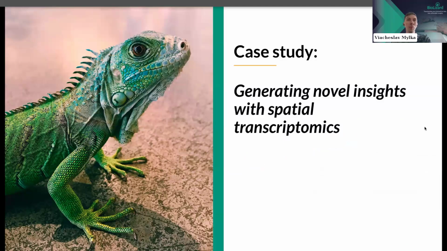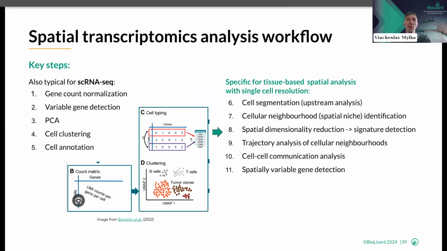I will give you an example of a data analysis workflow focusing on a concrete data set, at least for the vast majority of steps. First, let's have a brief overview of the steps of data analysis. The first steps are very similar to single-cell RNA-seq data analysis. We start with a gene-cell matrix, which should be normalized, I mean those counts.